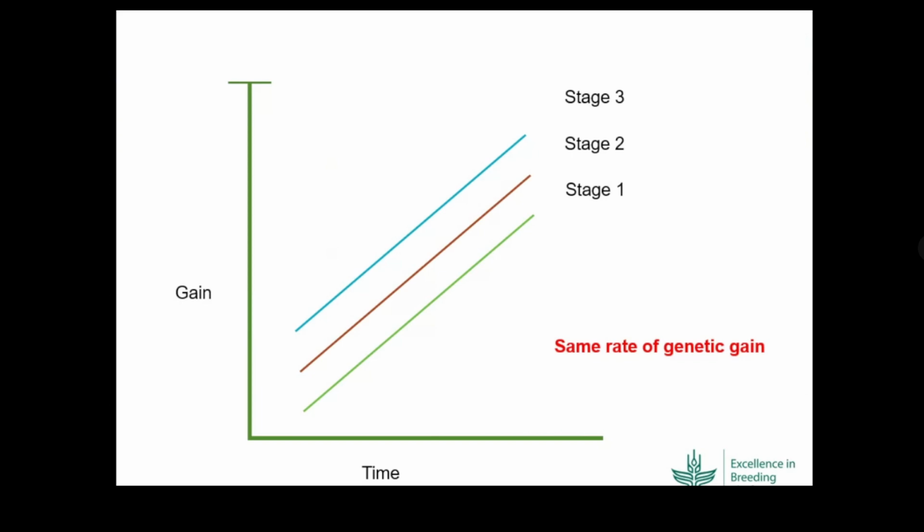The only thing that was different was the intercept, because we know that the late stage trials, in general, have better performance than the early trials. But in essence, across several simulations, the slope was really the same. There was no difference, because it's the representation of the same program.